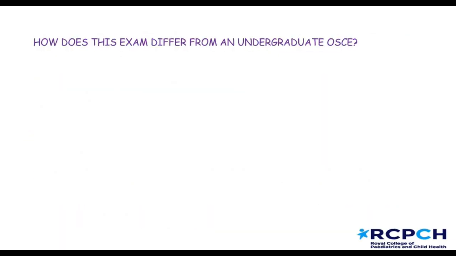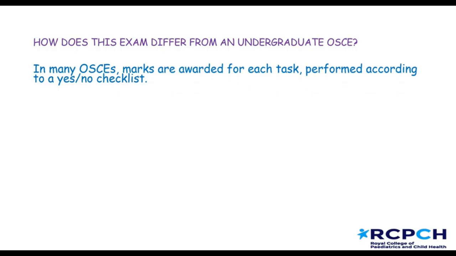So how does this exam differ from the undergraduate OSCE exams? In many UG OSCE exams, marks are awarded for each task performed according to the yes or no checklist.